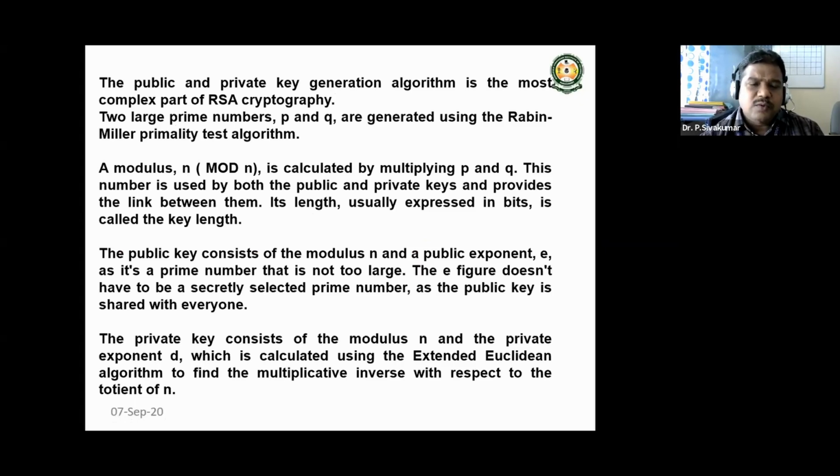Once you take the two numbers, we check whether they are prime or not. If it is a large bit number, how to determine? Normally we use the Miller-Rabin method to test primality. After that, the product of P and Q, n, we take as the modulus for these equations.